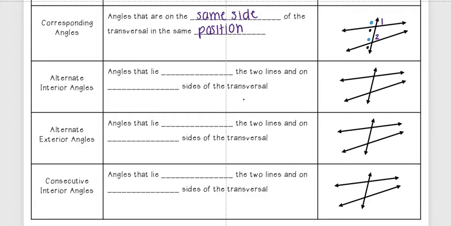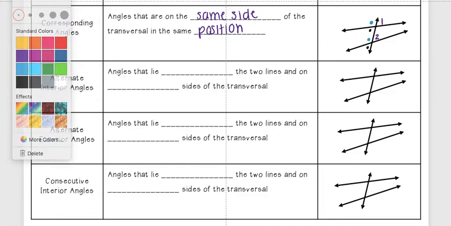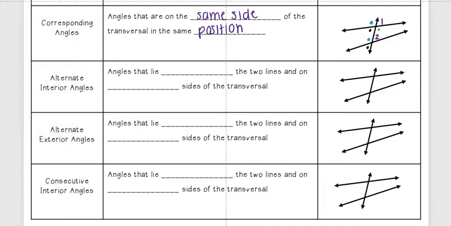These would be the corresponding angles here, so the bottom left corner. And here and here. So again, they're just on the same side of the transversal and in the same position.